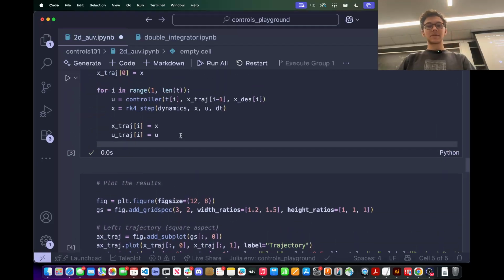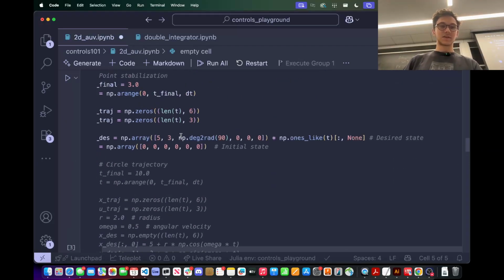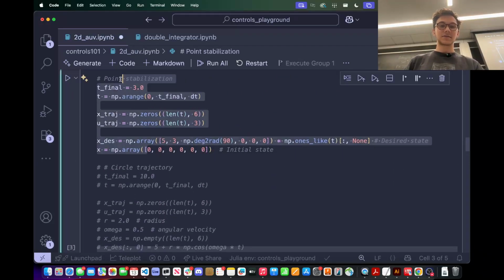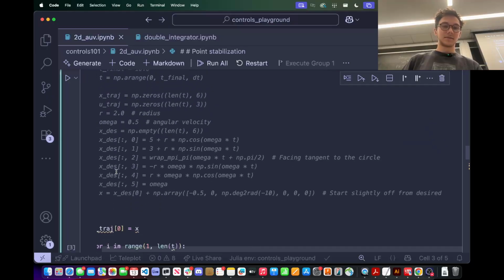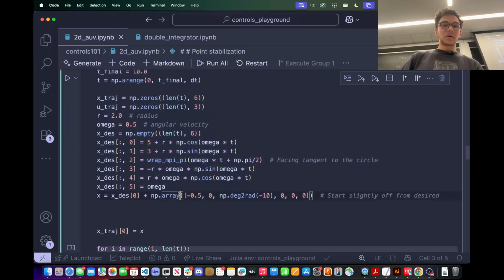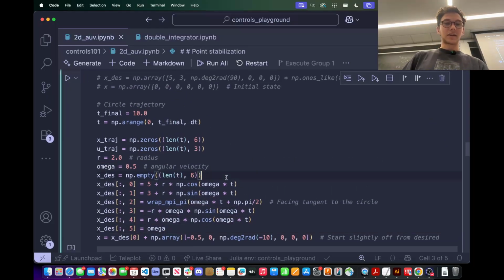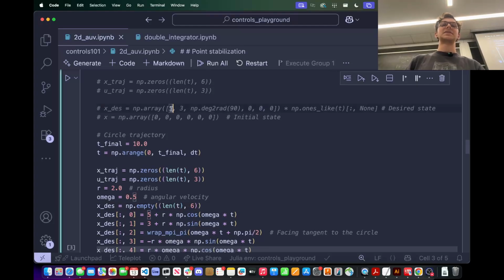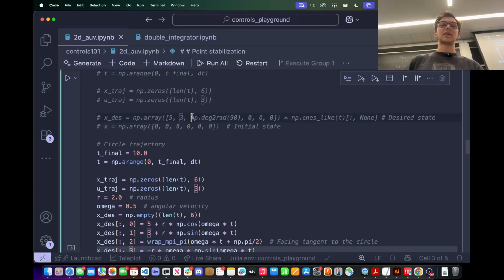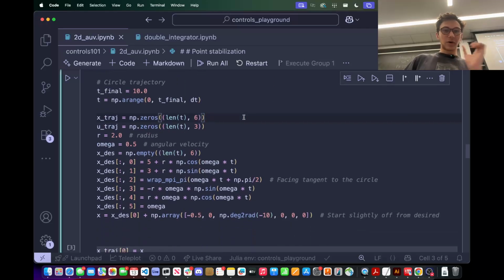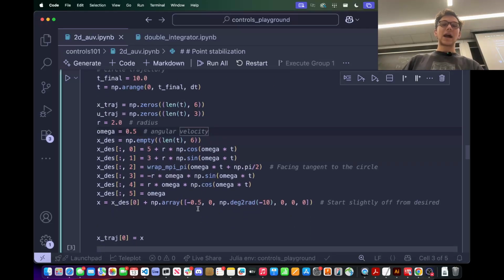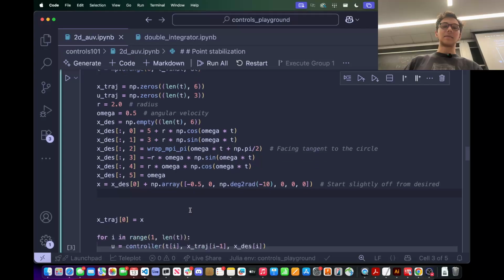If we want to do something a bit fancier, so let's say we have a circle trajectory that we want to track. What I'm specifying here is a few more things. Here I just specified one position, one orientation, and then 0 velocity. I want this to now instead track a circle.